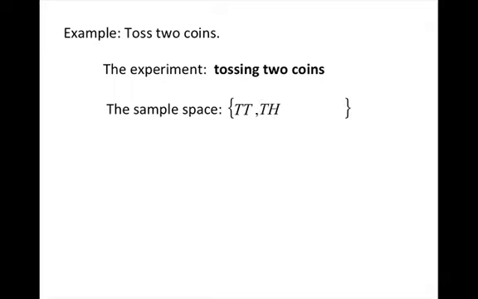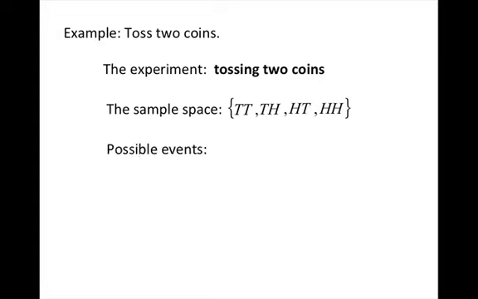The second option, the first coin could be tails and the second coin could be heads. Well, a third option, the first coin could be heads and the second coin could be tails. And then my final option is both coins could be heads.